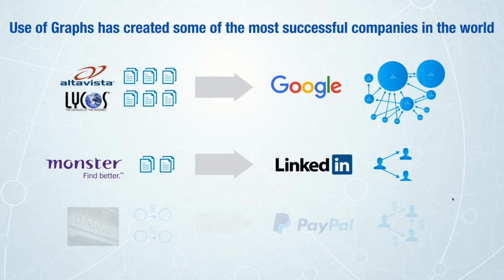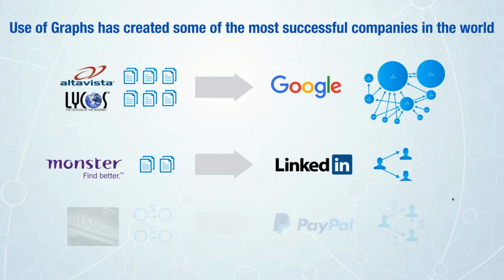And as opposed to the Google case, where the hyperlinks, the connections, were already there, they asked the users to contribute these connections, to tell who they knew, who they had worked with, what they were interested in. But again, they shifted from this discrete analysis of documents, of job opportunities, to a connected environment where connections between individuals would drive things like the recommendations that we get regularly from LinkedIn.